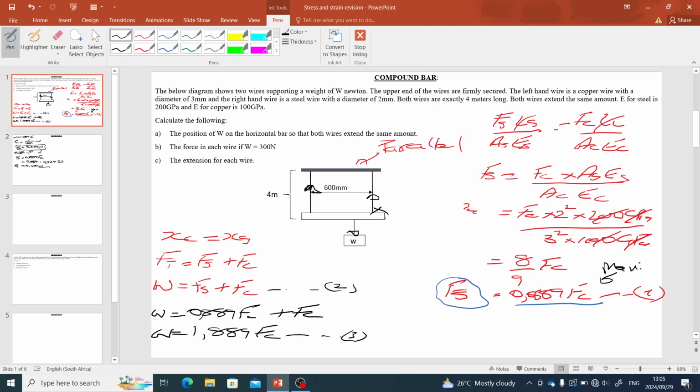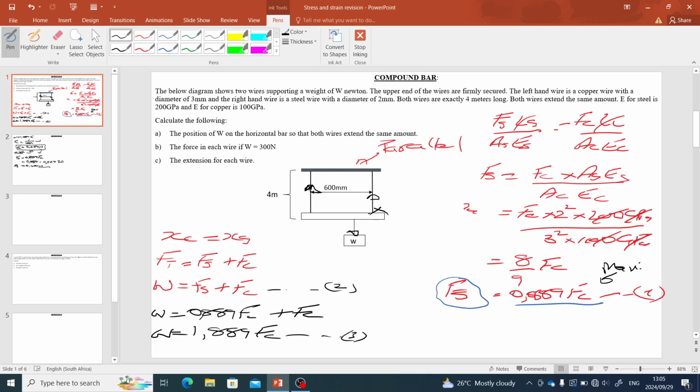If we take moments here, we can determine the direction of each force, whether it is rotating clockwise or anti-clockwise. From where we have taken moments, this force is rotating anti-clockwise, and this force here, FC, is rotating clockwise.